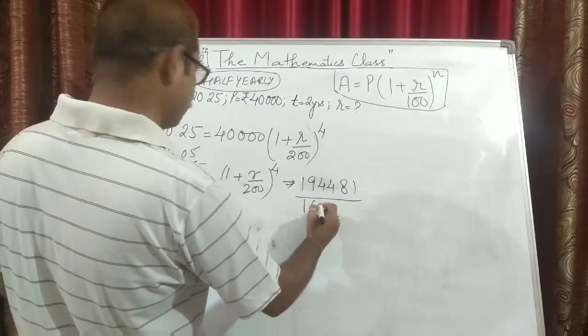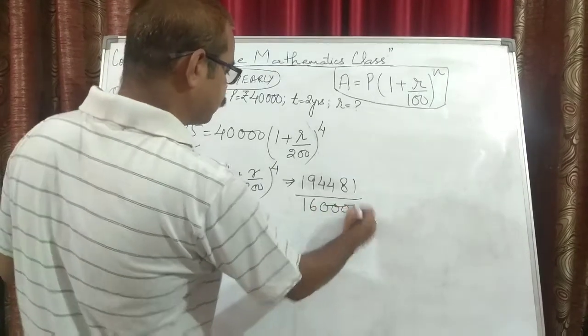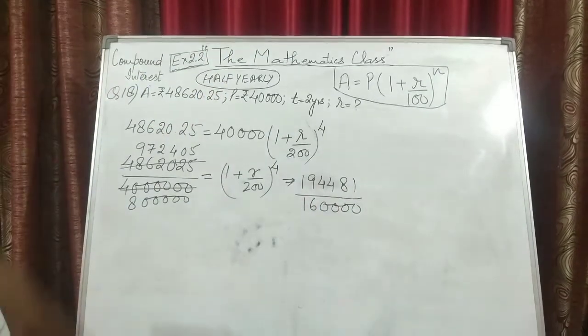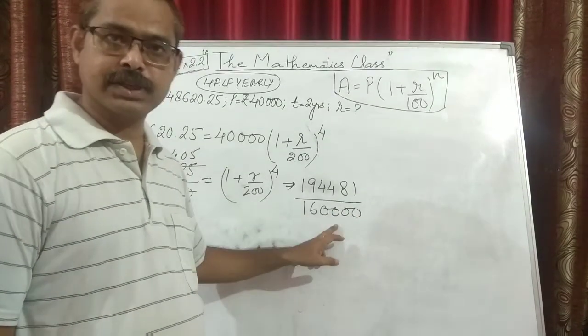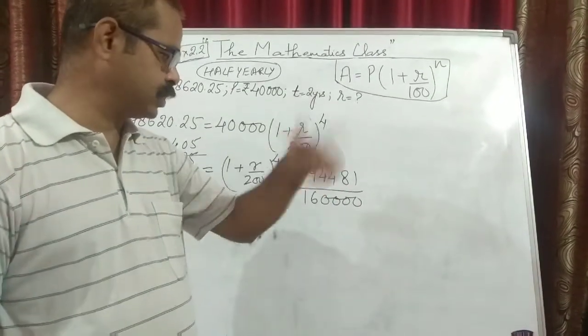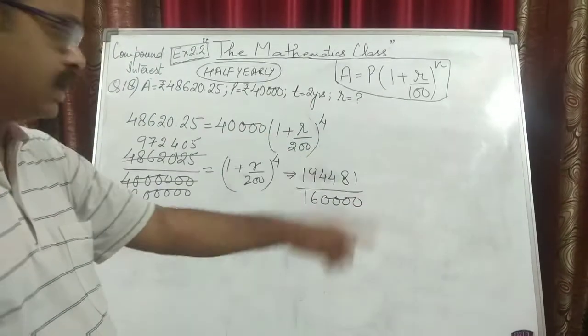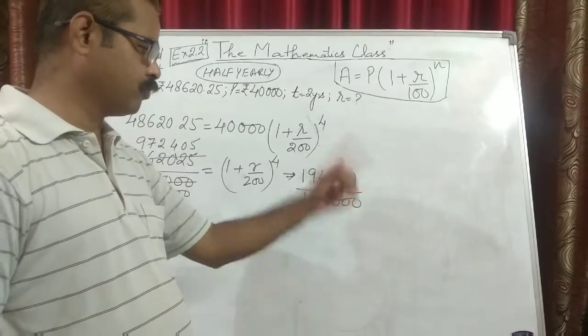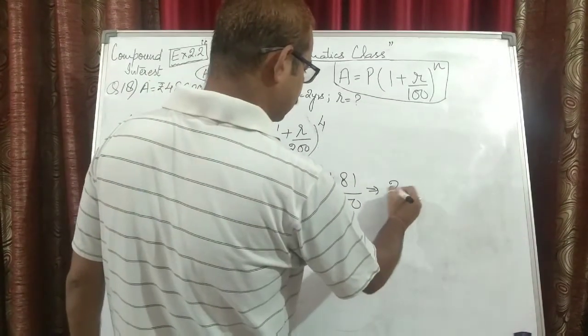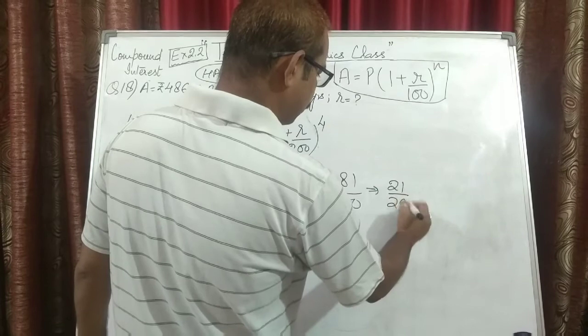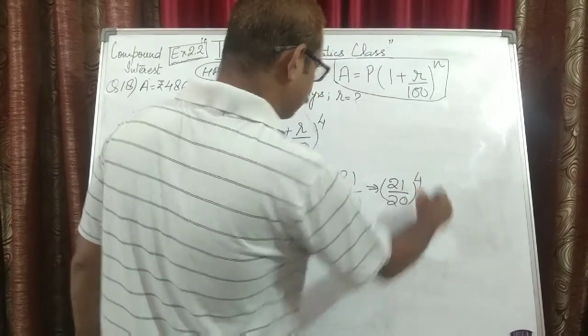Now this you got 1,60,000, which can be written as 20 to the power 4. 2 to the 4 is 16 and 4 zeros. So this can be written as 21. It means this total is written as (21 upon 20) to the power 4.